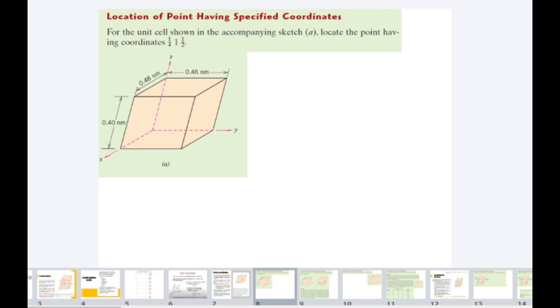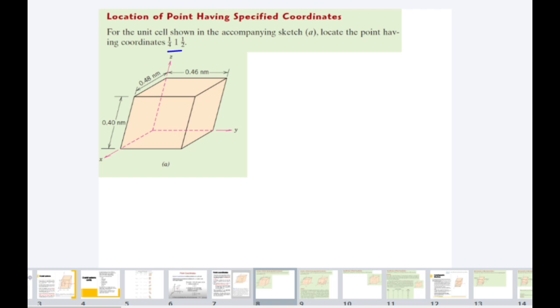Here we have now an example. Look into the example. What does it say? For the unit cell shown in the figure, locate the point having the coordinates 1/4, 1 and 1/2. We want to locate a point, right? Now 1/4 means what?